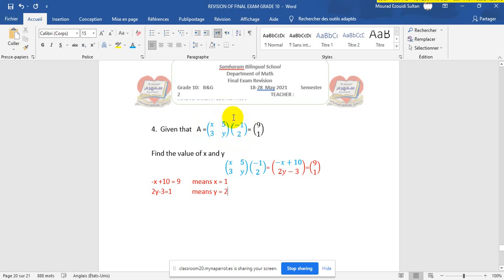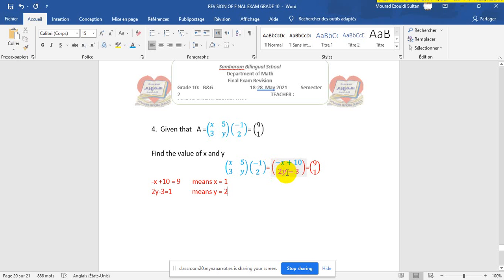Then I should equate the answer of this product to 9 1. So for the second one, you will just multiply the second row by the first column. 3 multiplied by -1, my daughters, it will be -3. Then 2 multiplied by y, or y multiplied by 2 is 2y. Okay, now I solved the question.